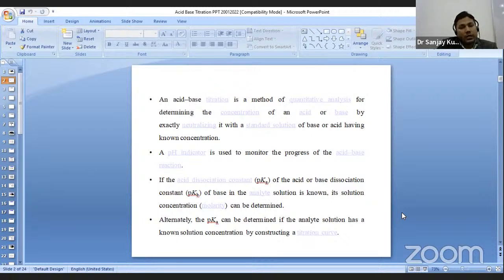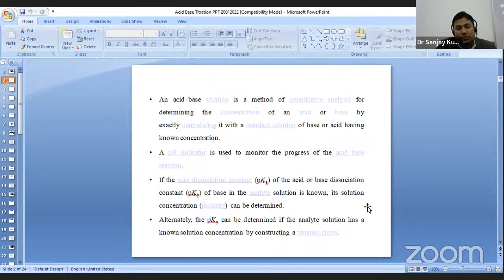It is a method of quantitative analysis for determining the concentration of an acid or a base by exactly neutralizing it with a standard solution of a base or acid having known concentration. It is quantitative because we check how much quantity there is after neutralizing.